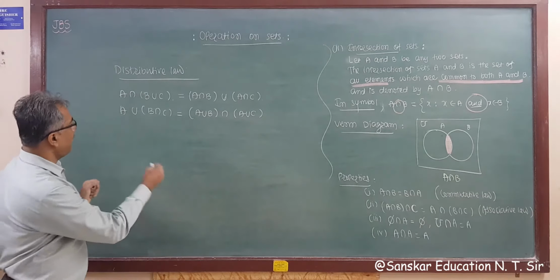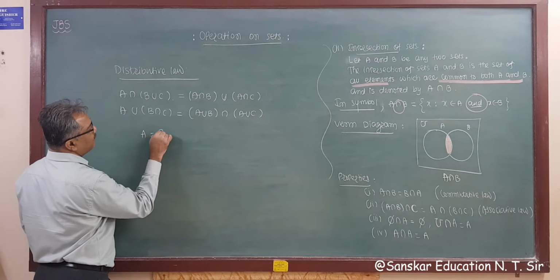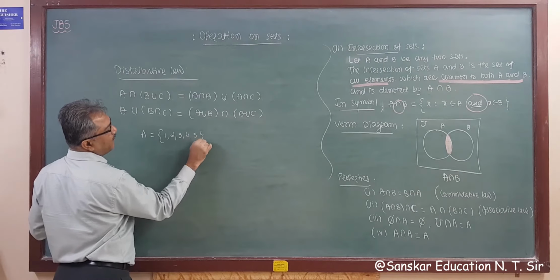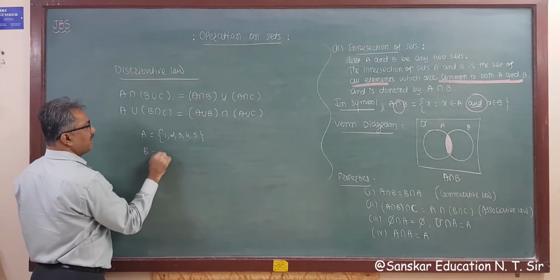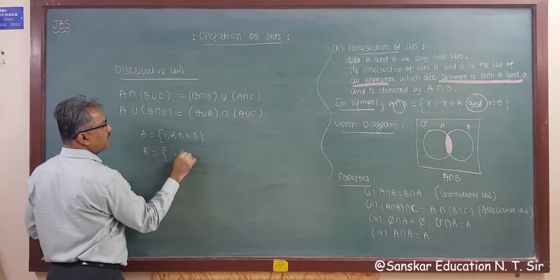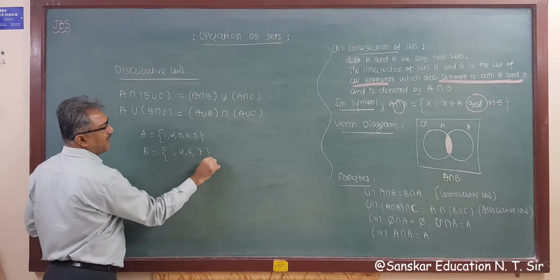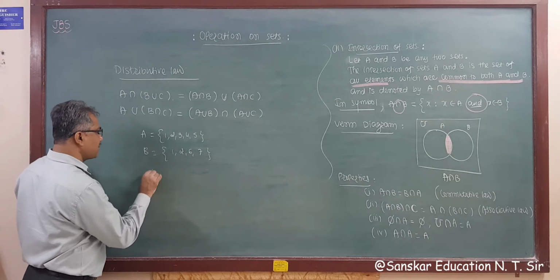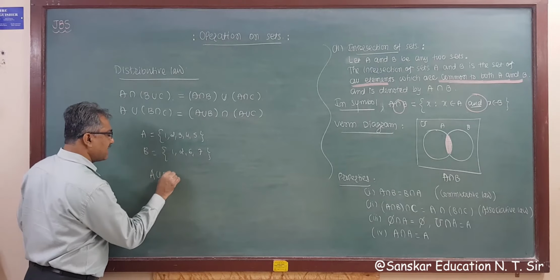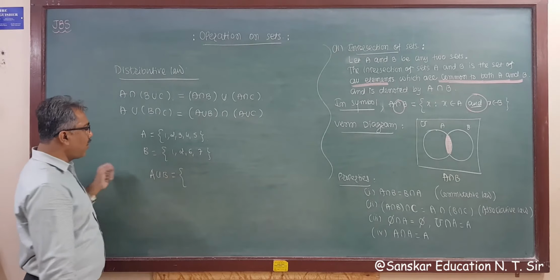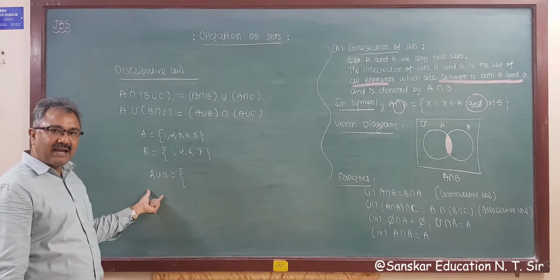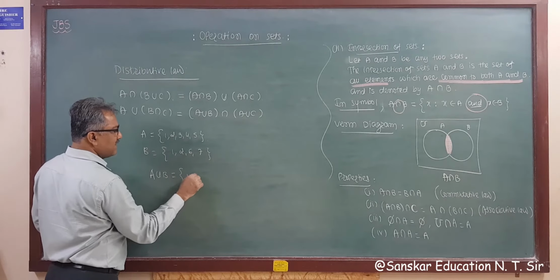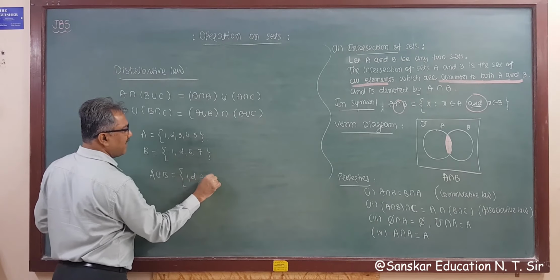So suppose you have A equal to {1, 2, 3, 4, 5} and B equal to {1, 2, 6, 7}. Then the union of these two sets, A union B, means all the elements which are in A and B. So first you write down all these elements: 1, 2, 3, 4, 5.